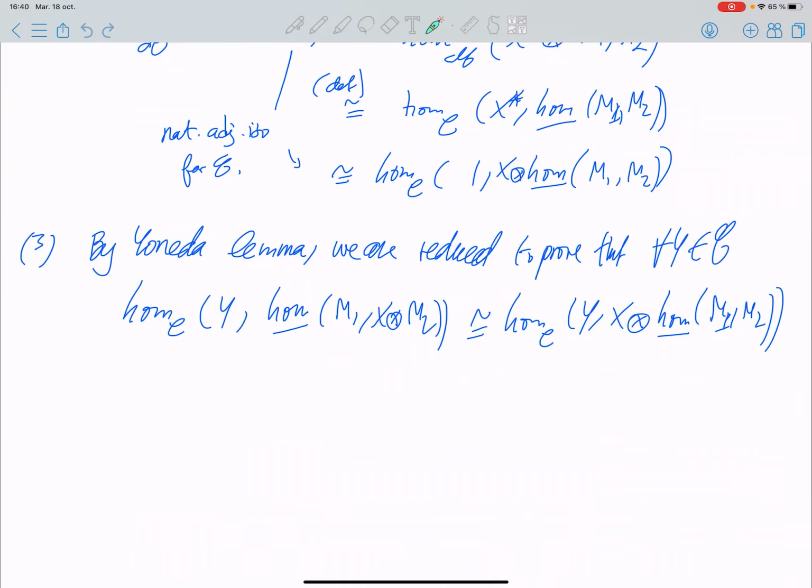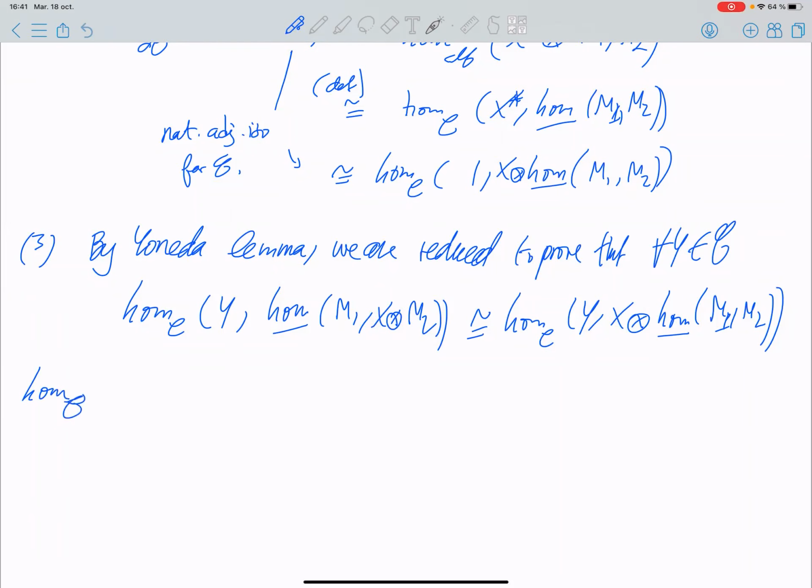Okay, so we are reduced to proving that. But now, this is again just a game of natural adjunction isomorphism and associativity constraint. So, reduce to prove that. Okay.